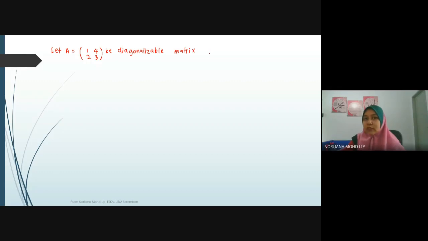Let A be a diagonalizable matrix with matrix P equal to 1, 2, 1, negative 1.